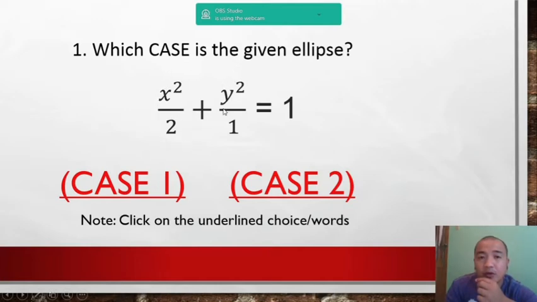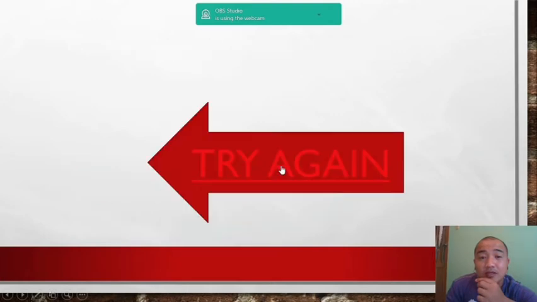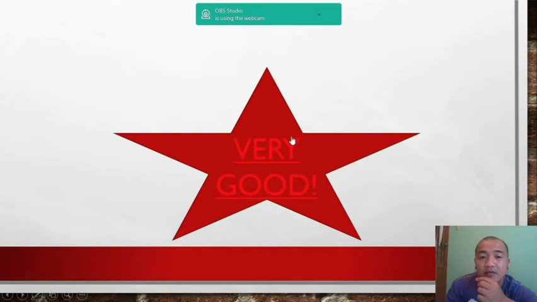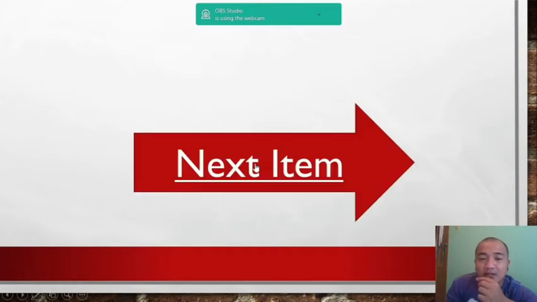The denominator of the y variable is 1. Since the denominator of x is bigger, this should be case 1, right? If your answer is case 2, then try again. So the correct answer is case 1, right? Very good. Let's go to the next.